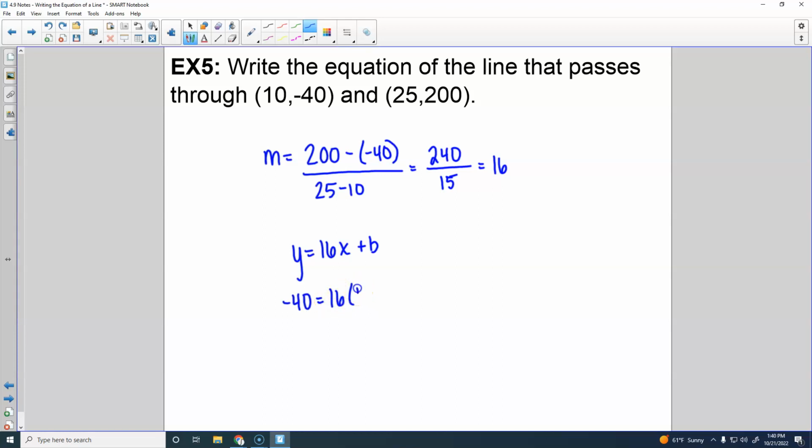I'm going to write this step where I do 16 times 10 plus b, and then whenever you do that, that will give you 160. And then, what's the last thing we're going to do there, Kaylee? And what do we get? Negative 200 is our b. So we would get y equals 16x minus 200.